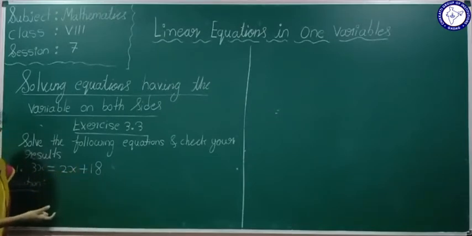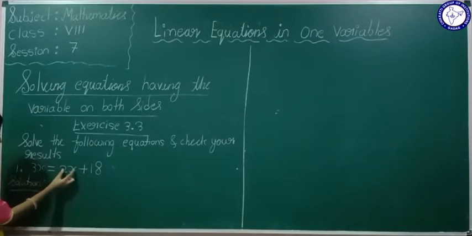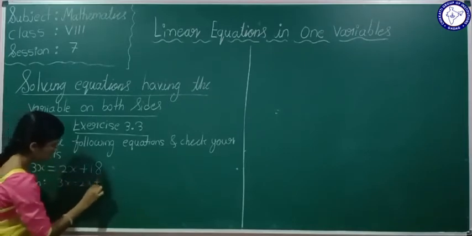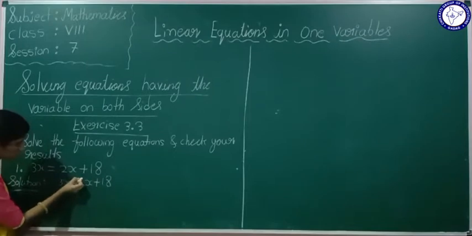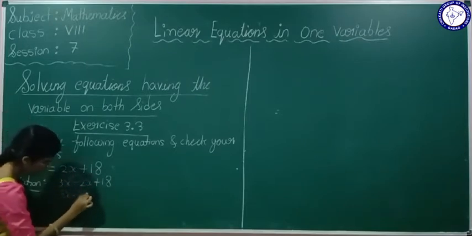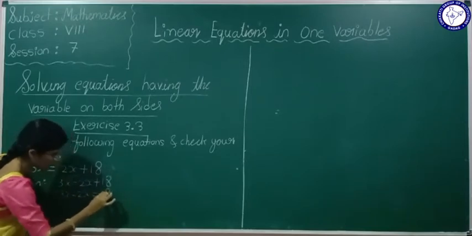Just now how we have solved, the same procedure we are going to continue here. We are going to take variables on one side, that is 3x minus 2x is equal to 18.